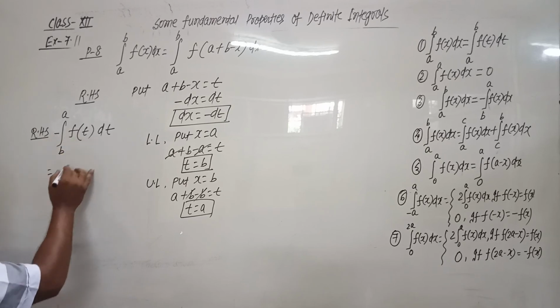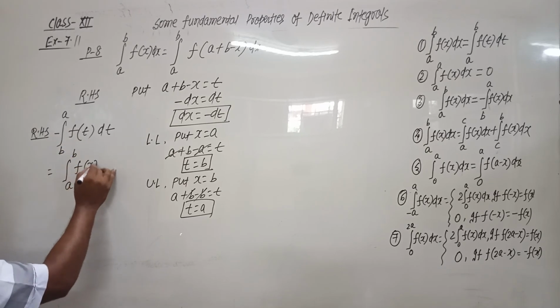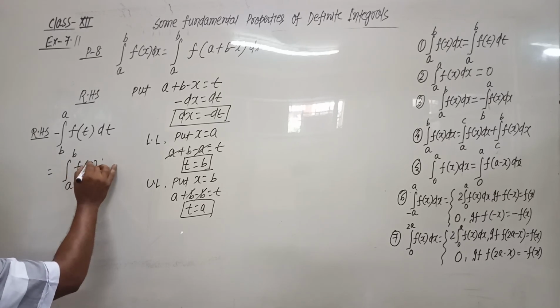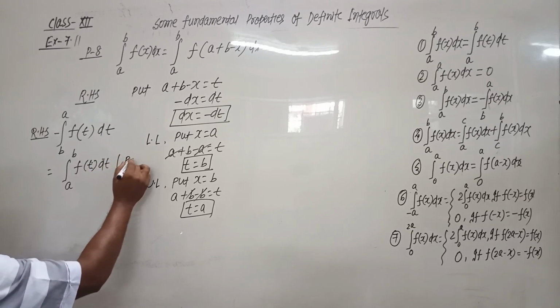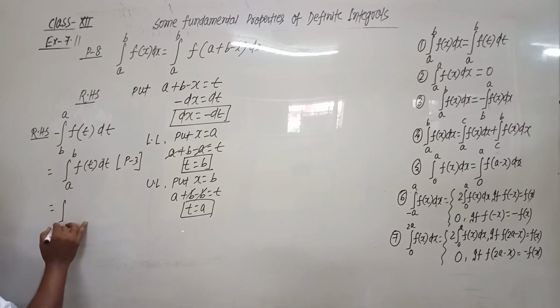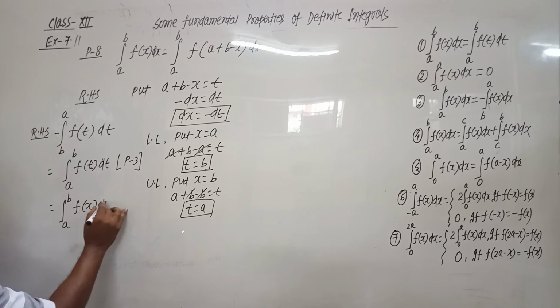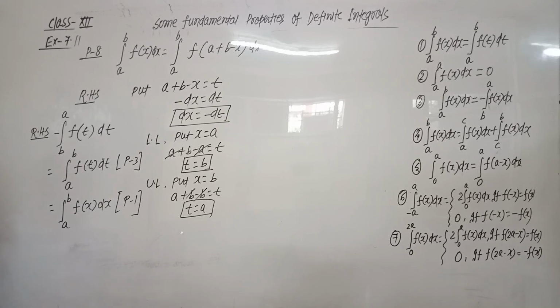So interchange the limit, so a to b and f of t dt, the sign gets changed. We are using property number 3. We get a to b f of t dt, and by using property number 1, it becomes f of x dx. The variable gets changed. This is by property number 1.